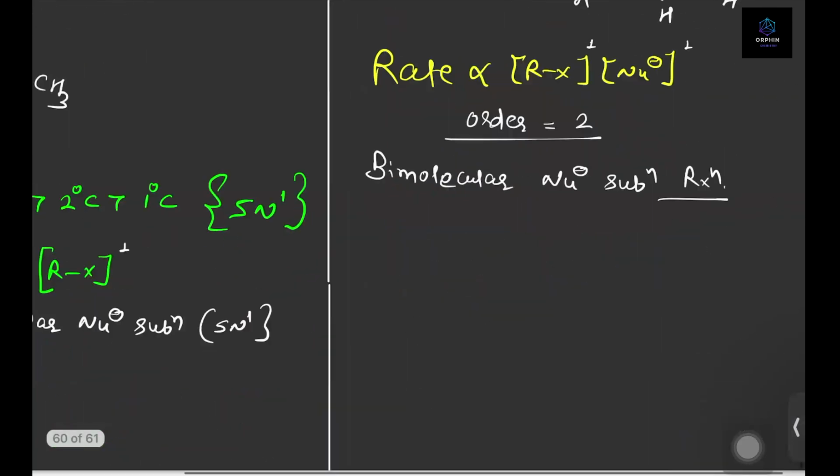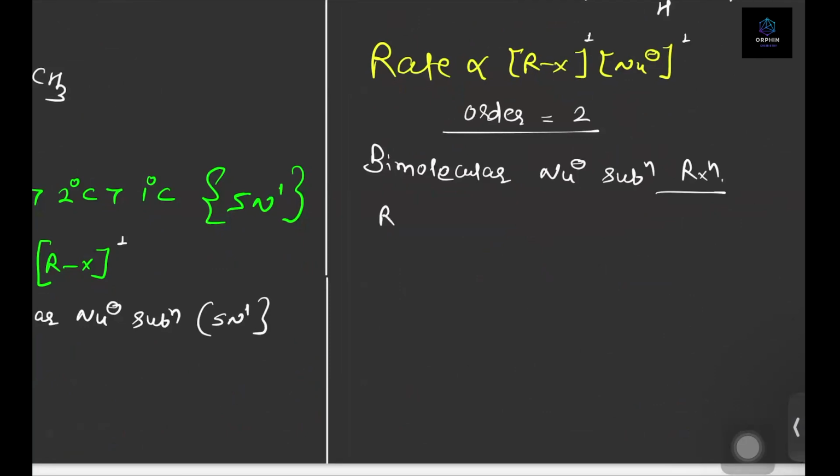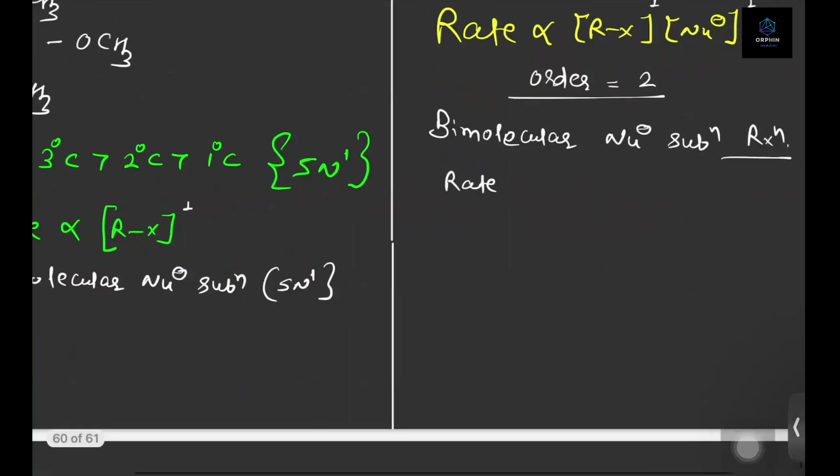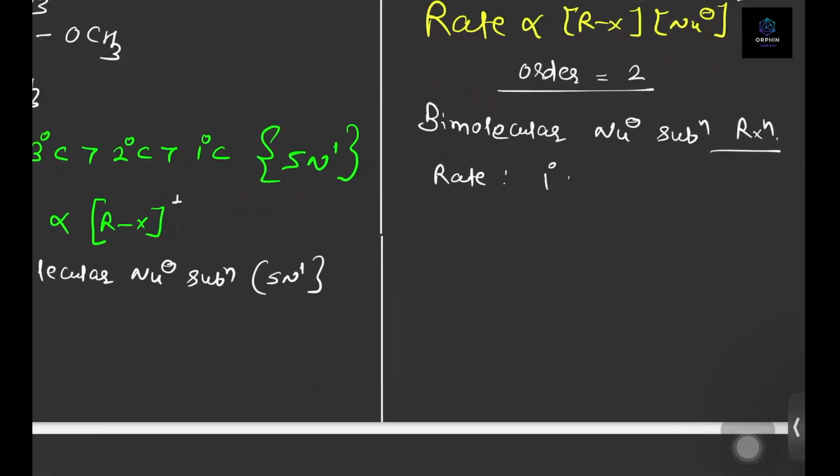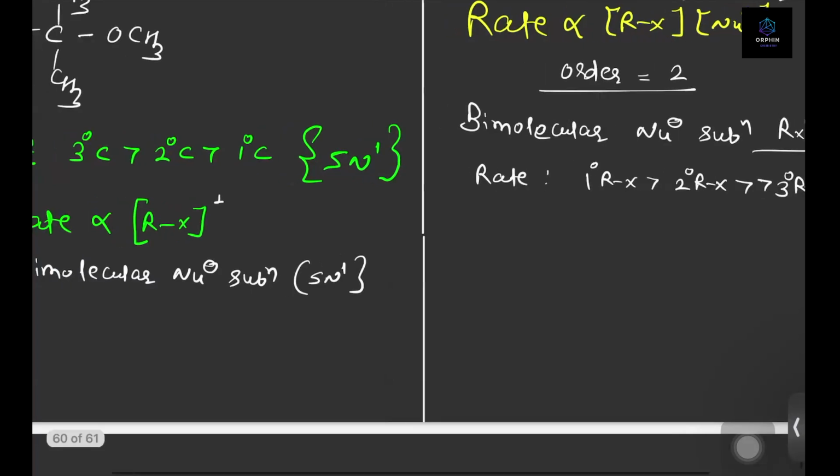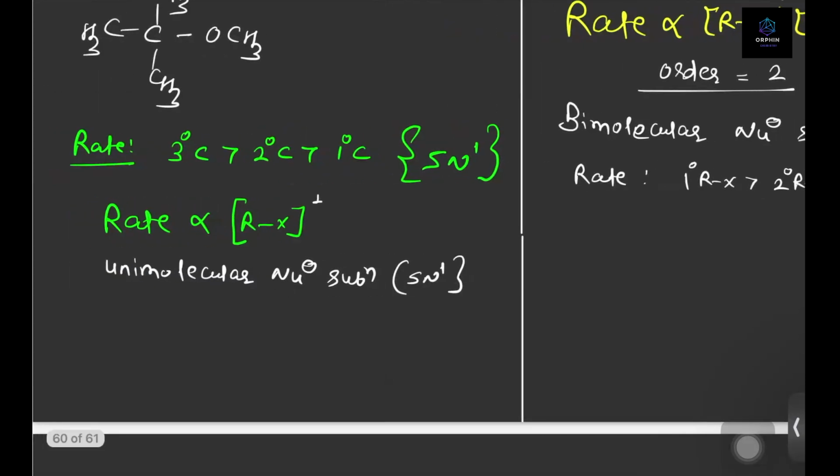So we can say here the rate is more for 1 degree alkyl halide, then for 2 degree alkyl halide, then it is least for 3 degree alkyl halide, right? It is just opposite from the SN1 reaction.